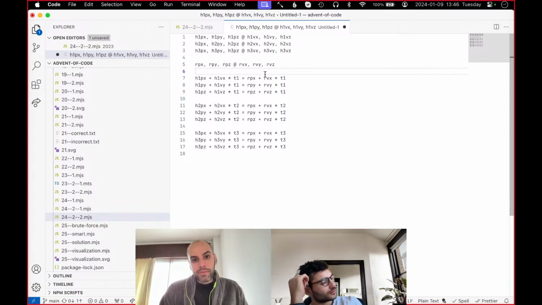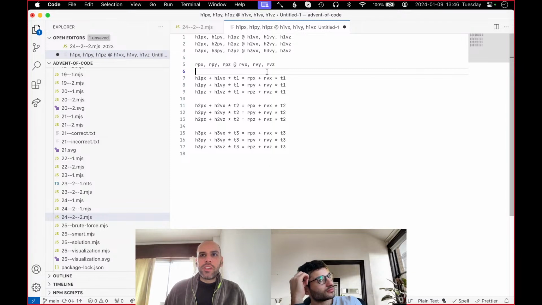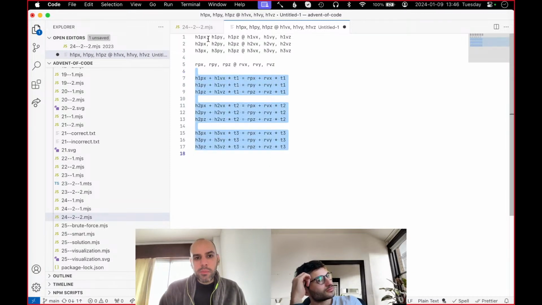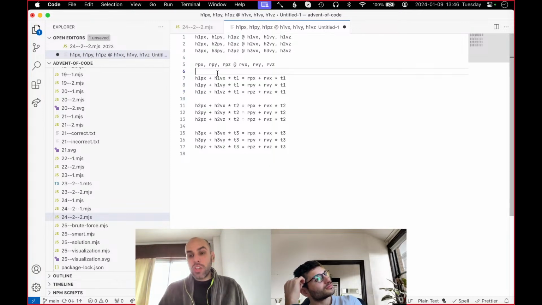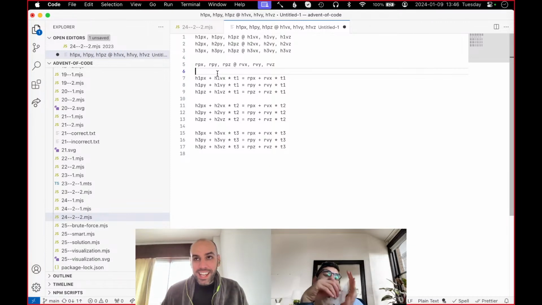But there is also the cheat mode way of solving this, which is to take this set of equations, populate with your numbers for your inputs, and throw them in an equation solver. You can throw this in MATLAB, you can throw this in Mathematica, and it will spit out the answer. Wolfram Alpha does it?